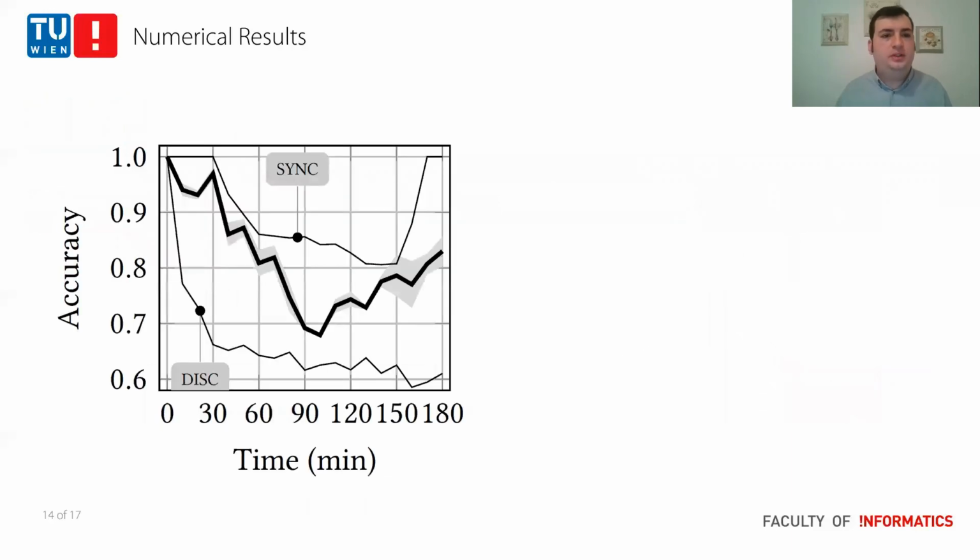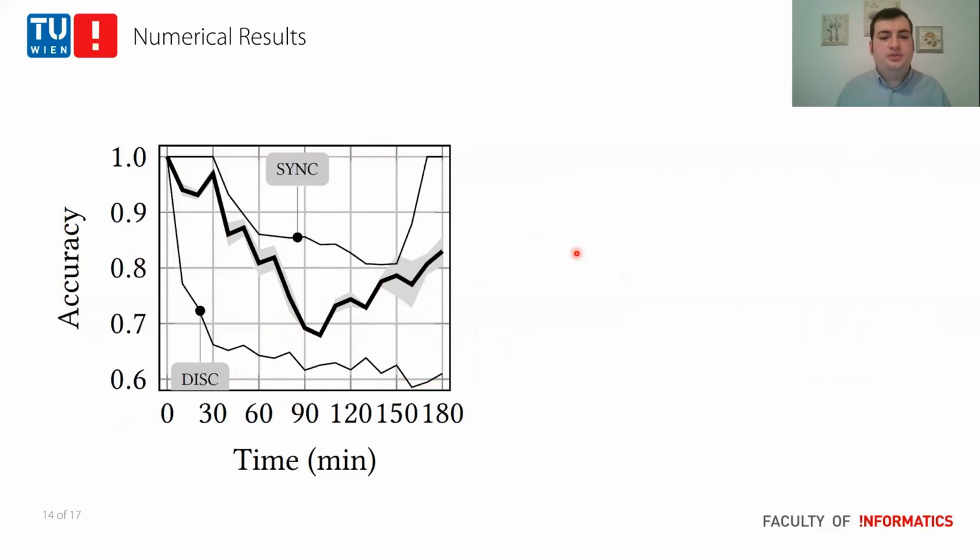So I will give you only 2 numerical results. In the first one, we measure the mean accuracy at the edge nodes over time of 3 hours, our simulation period. And this is the performance of SCADA in comparison to best and worst case. Around the middle of the simulation period, we see a significant decrease in the accuracy.